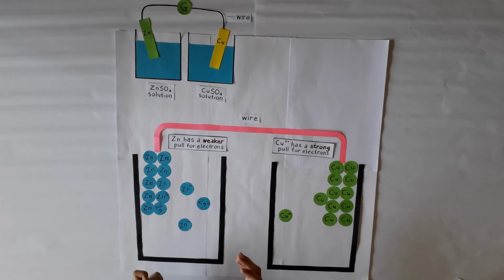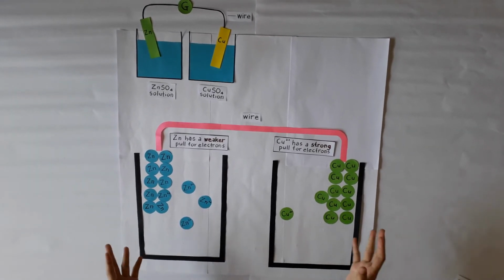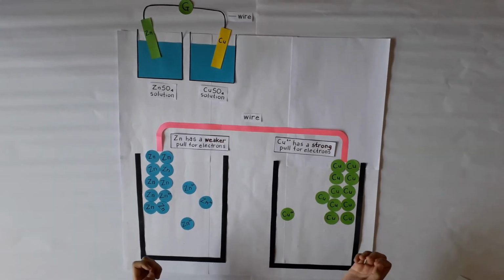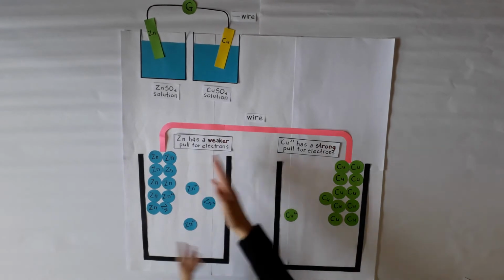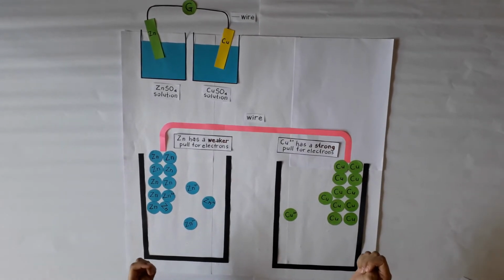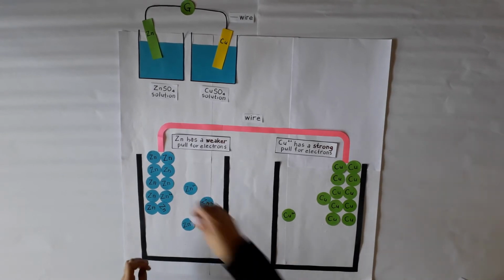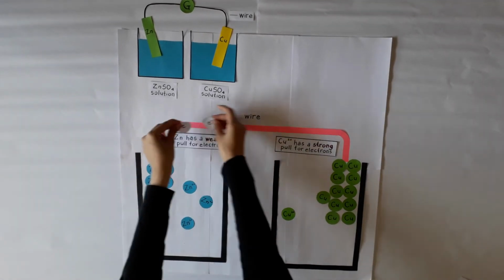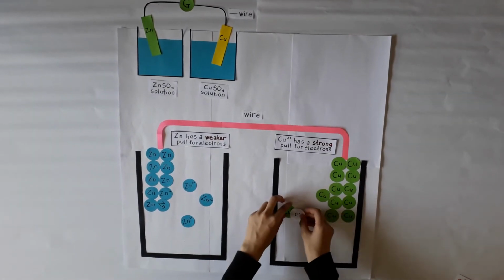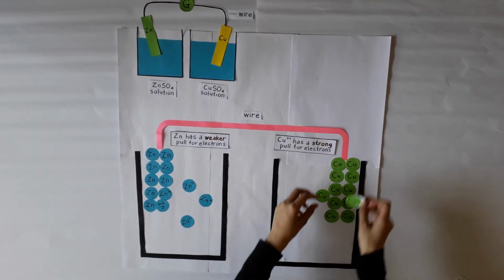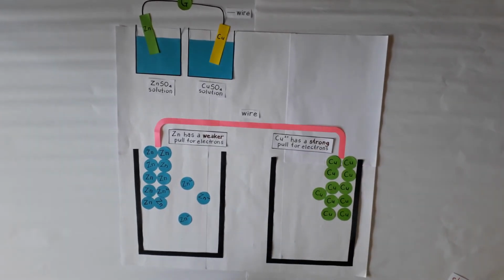Now, notice that for this whole process to happen, electrons have to move through this wire, and that's where the electron movement comes from. Let's see that one more time. Zinc loses 2 of its electrons here. Those move through the wire, and the loss of those 2 electrons causes zinc to take on a 2+ charge. It is then going to dissolve in the solution.